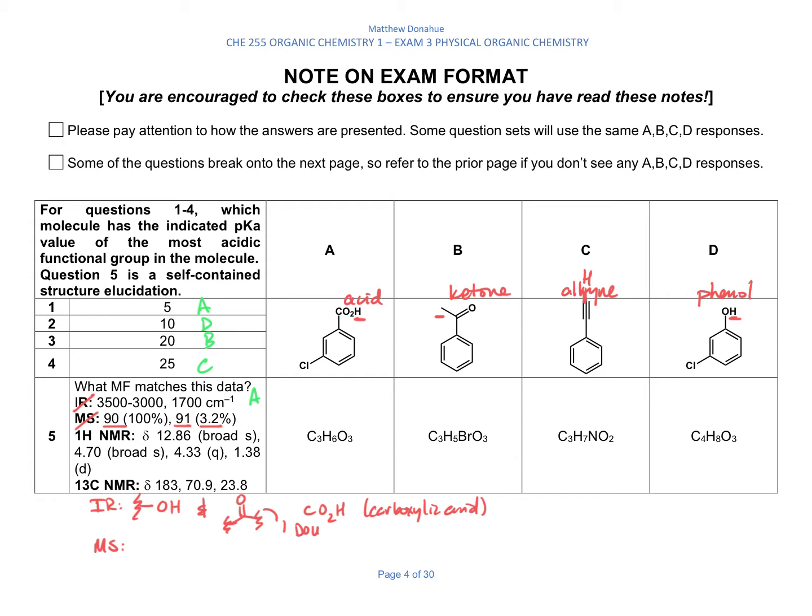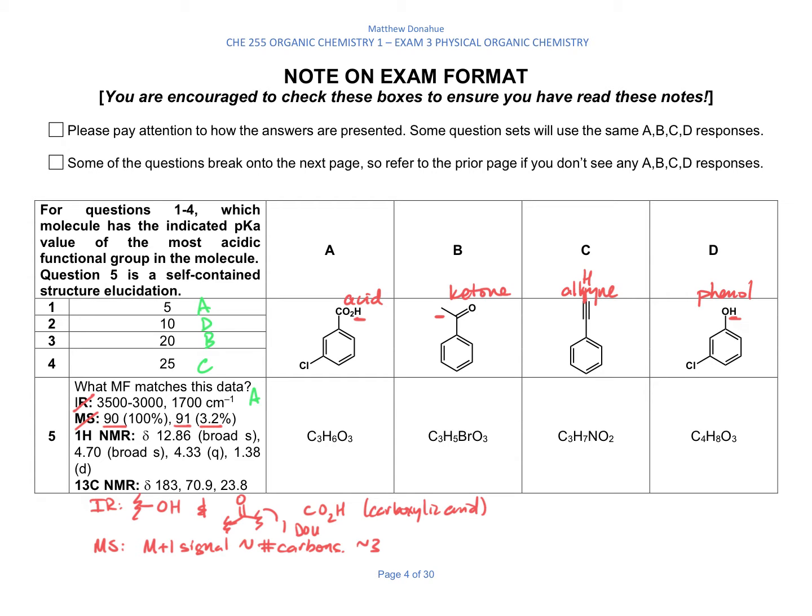If you recall that formula that we used in class, the M+1 signal tells you approximately the number of carbons. And so because it is 3, we can say, okay, there's approximately going to be 3 carbons. And so we look, A, B, and C all have 3. D has 4, but we don't want to eliminate anything just yet.